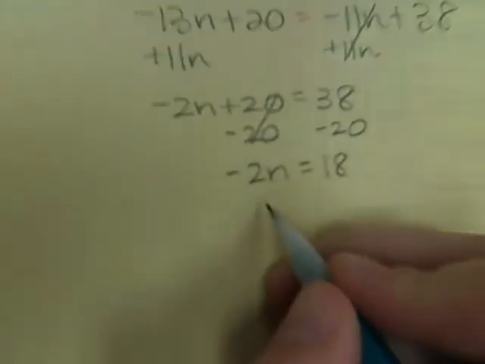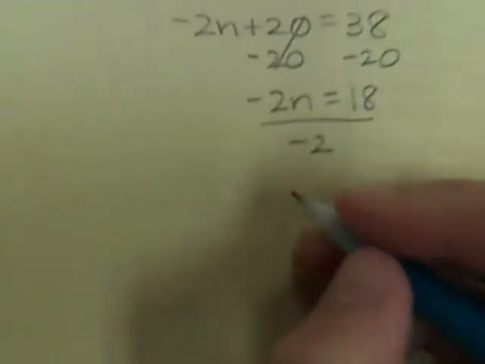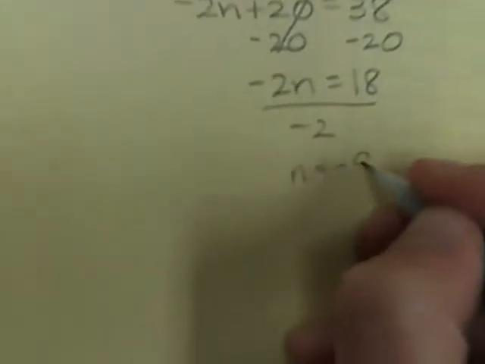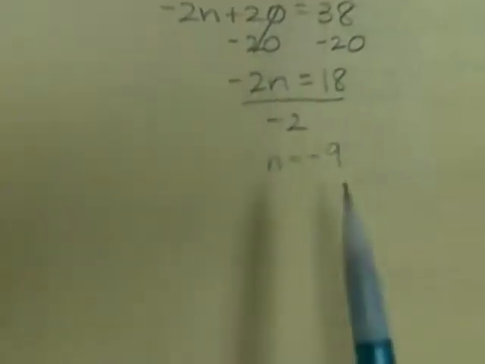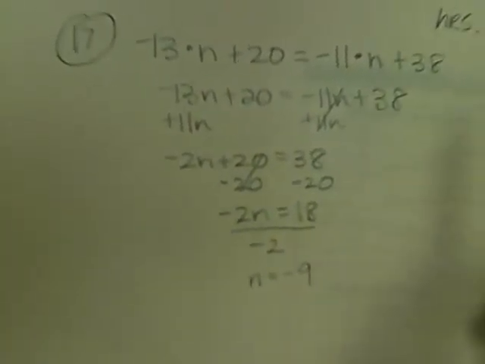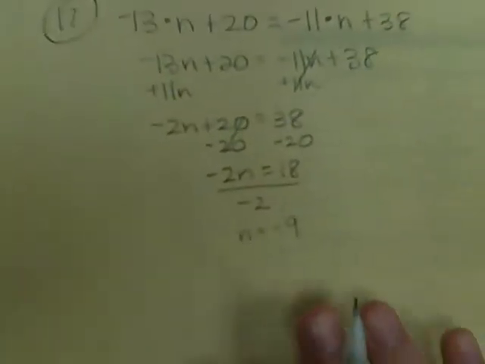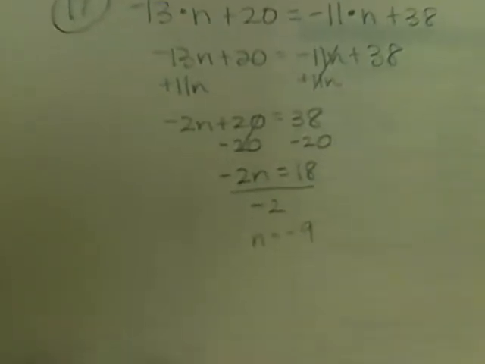And then I want to get rid of my coefficient. And remember, all they wanted us to do here was write the verbal sentence and solve. No label involved because it really wasn't a real life situation. Okay, so that was number 17.